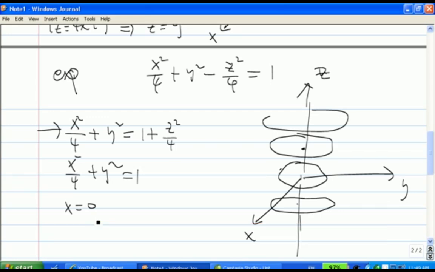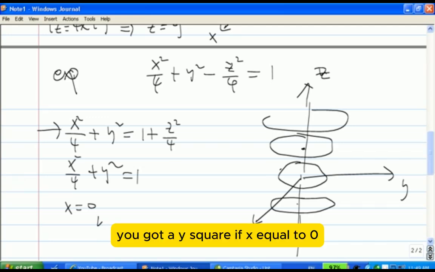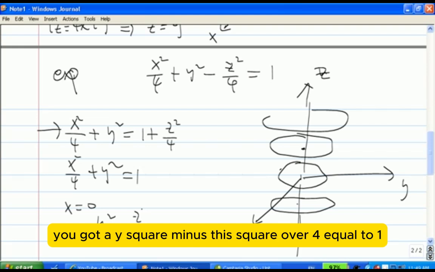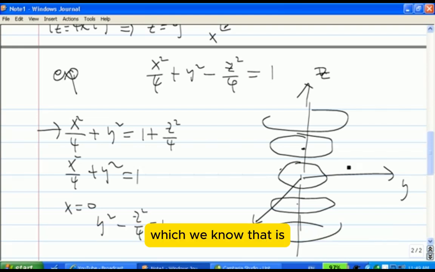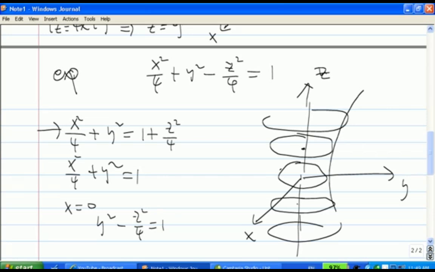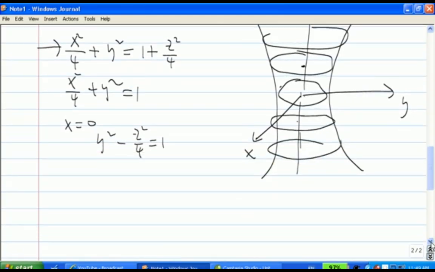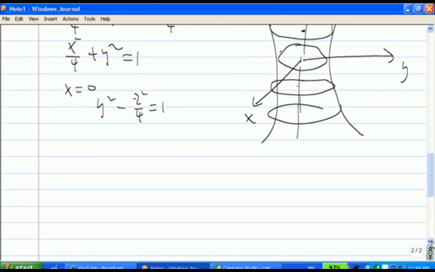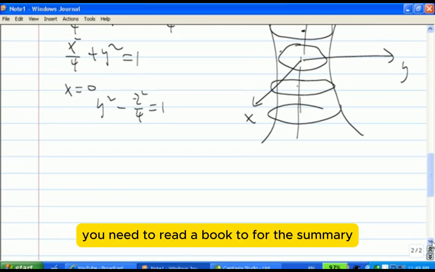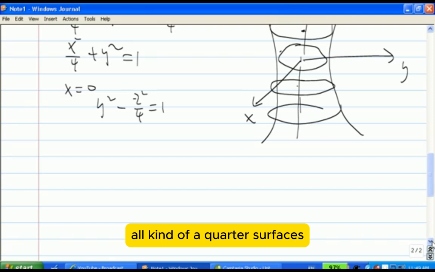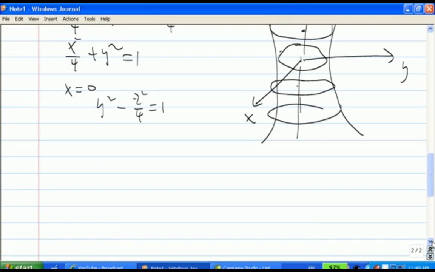So you got y squared minus z squared over 4 equal to 1, which we know is a hyperbola. So we call this thing a hyperboloid. You need to read a book for the summary of all kinds of quadric surfaces.